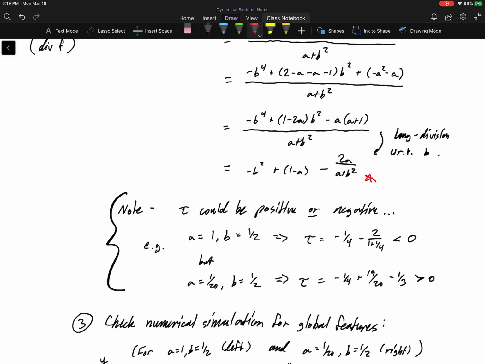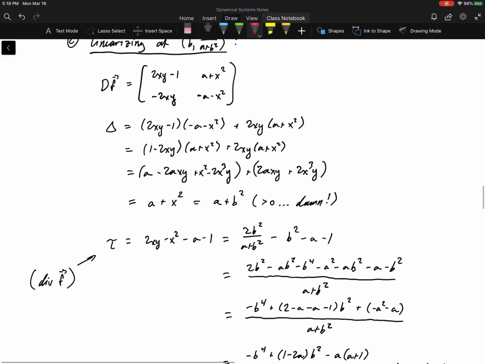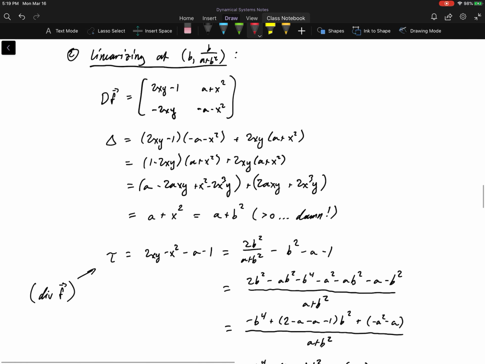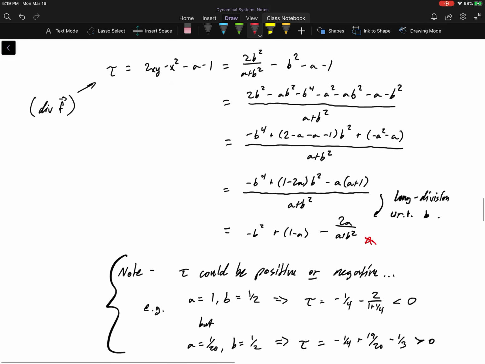In particular, I can show you that the trace is negative if I take that particular pairing, and the trace is positive if I take this other one. So there's got to be some dividing line where the trace is equal to 0 that separates these two cases, where I can actually show that this is not a node but actually a spiral for certain cases.